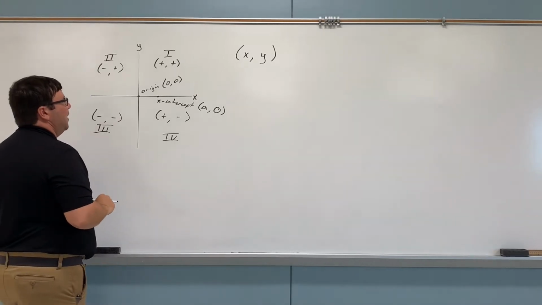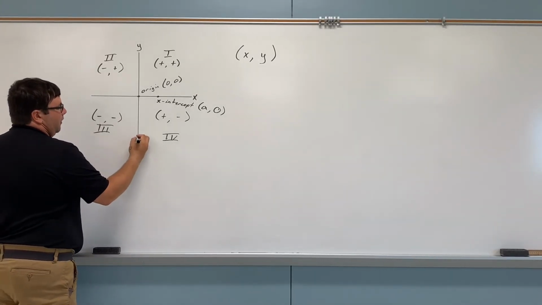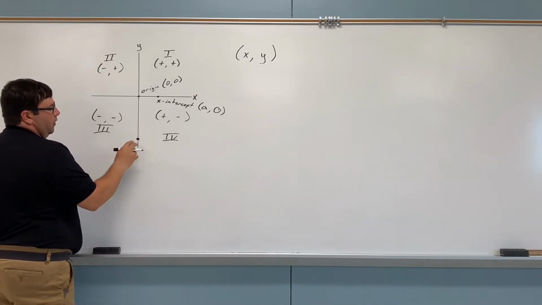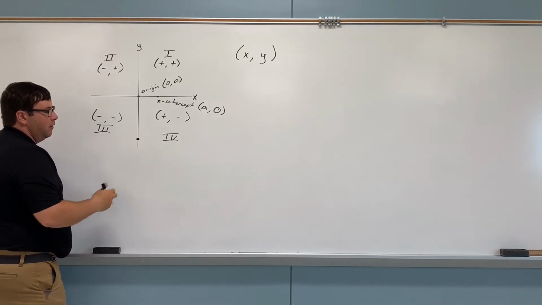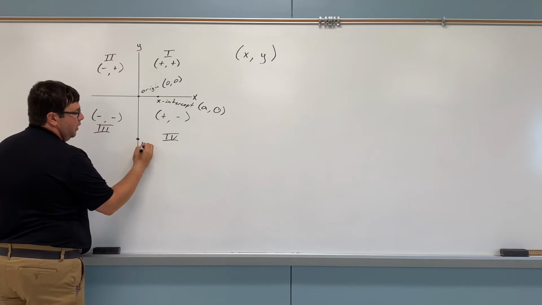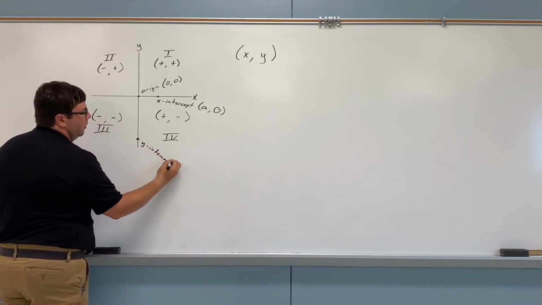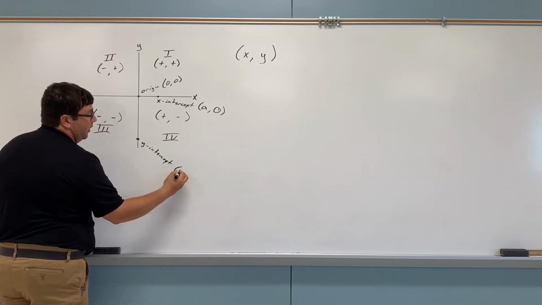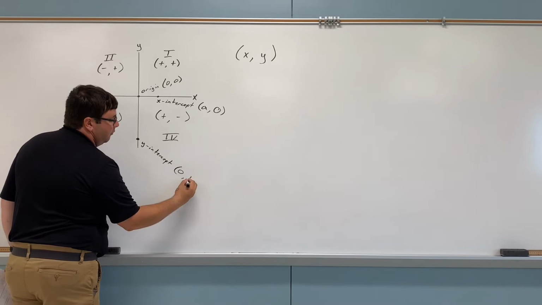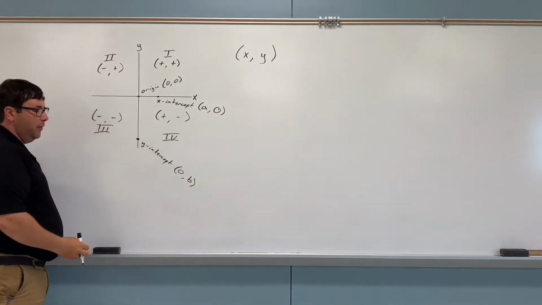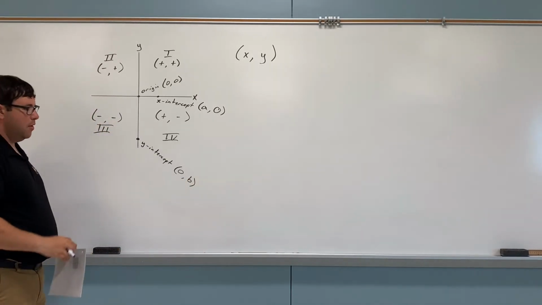Okay, if you put a point here, a stop on the y-axis, where you're crossing the y-axis at any point, this is what we call the y-intercept. This one has 0 movement in x, but it has some kind of movement in y, and so we call that (0, b).